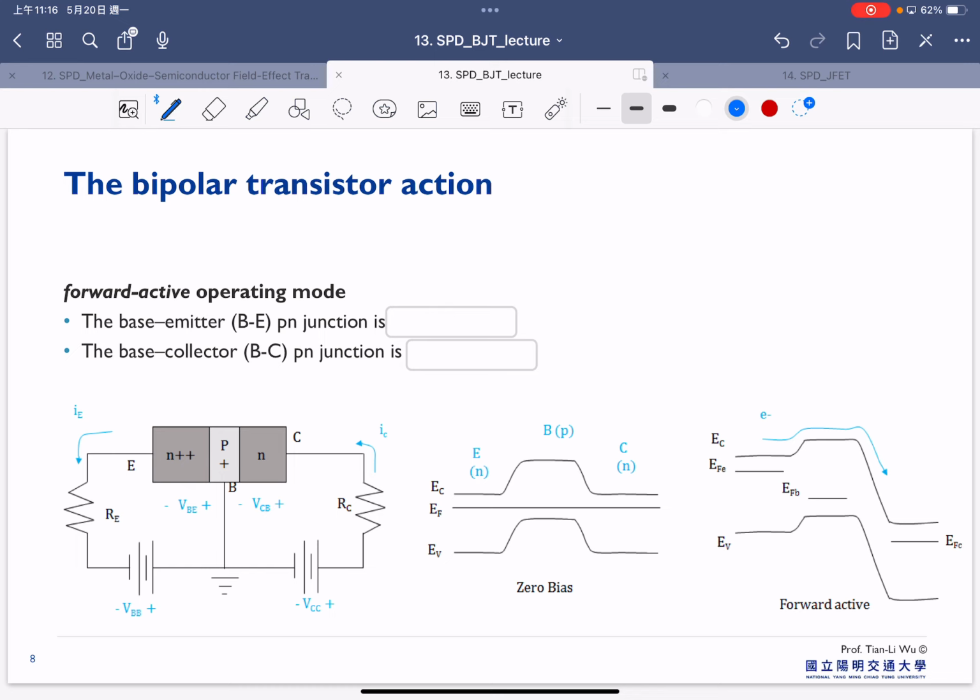Of course, the most important operation mode for the bipolar transistor is the forward active operation mode. As already said, in this mode the base-emitter PN junction is forward bias, and the base-collector PN junction is reverse bias.